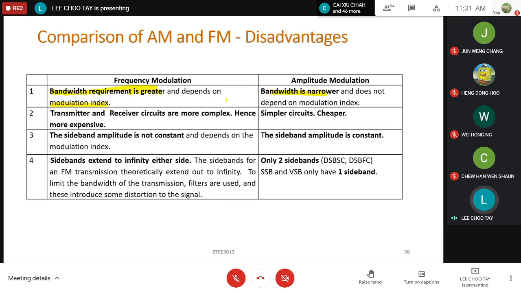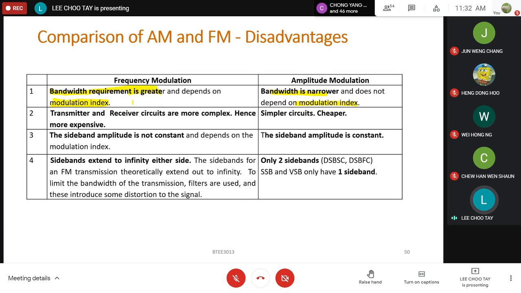For AM, the bandwidth is narrower and does not depend on the modulation index. The modulation index value only affects the distribution of power between the carrier and the sidebands, and that's all as far as AM is concerned. But for FM, when you change the modulation index, you are actually changing the bandwidth of your FM signal as well.